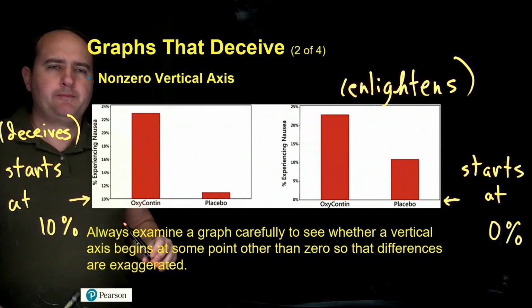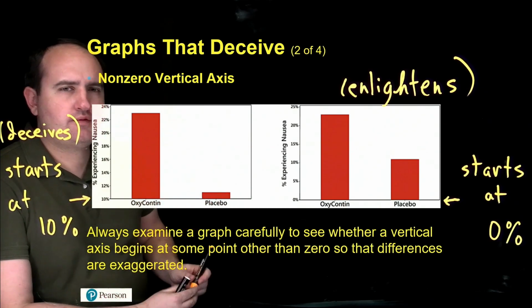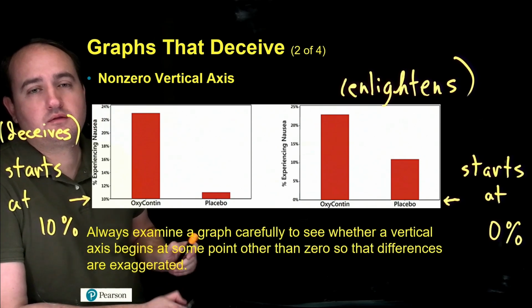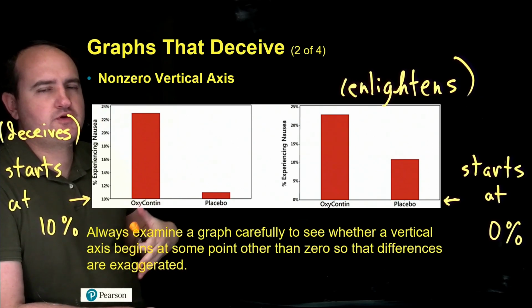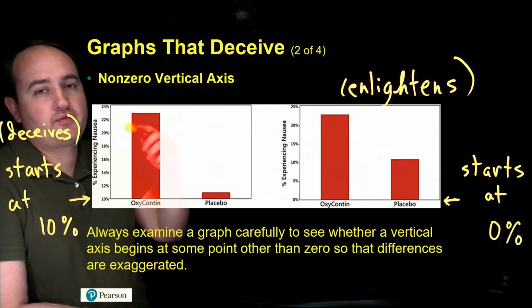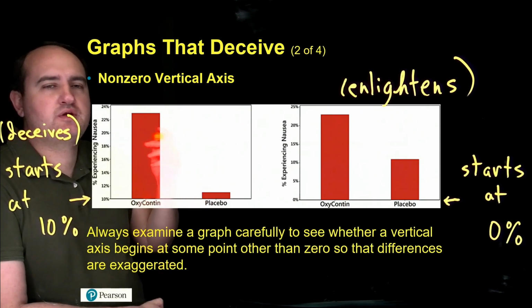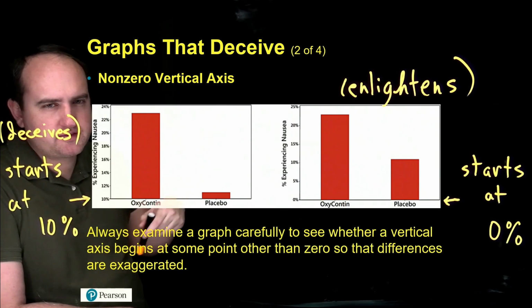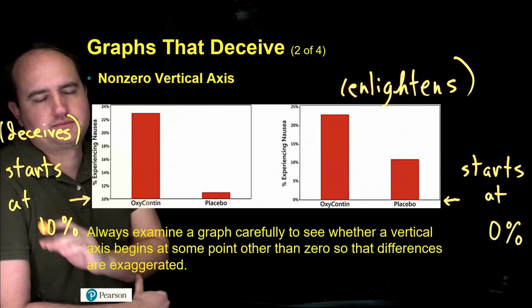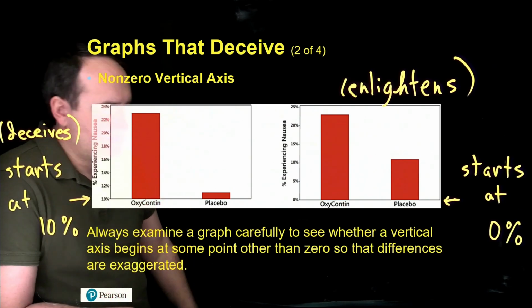Like maybe the company that doesn't like OxyContin and wants you to use their drug would use this graph on the left because they have a special interest in making the data look like OxyContin is going to make everyone have nausea. But you shouldn't do that.